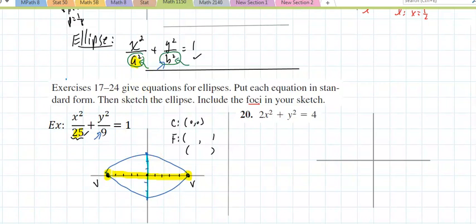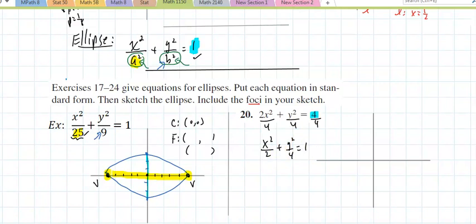Now, I want to do number 20 before I come back and talk about what the foci is and how to find it. The key in this entire section, whether it's a circle, ellipse, or hyperbola, is to set that equal to 1. That's not a 1. I can fix that easily. x squared over 2 plus y squared over 4 equals 1.